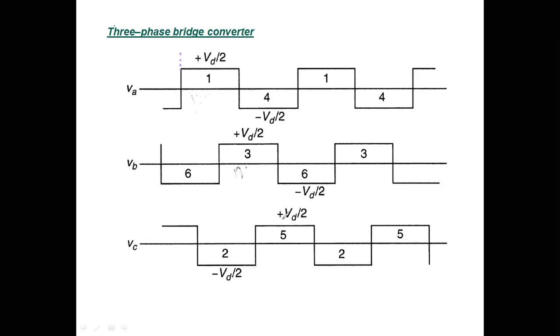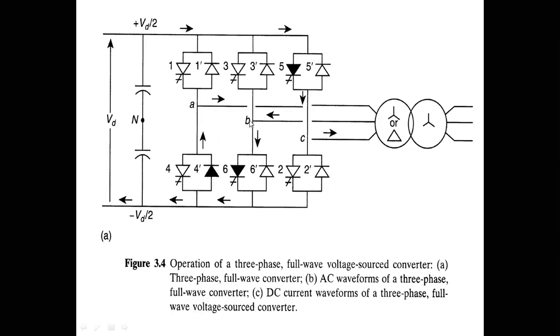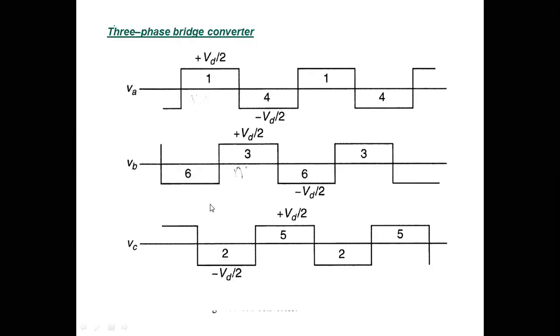This way we have to draw all 3 phase voltages, that is VA, VB, VC, with respect to capital N. These are the phase voltages VA, VB, VC with respect to the DC midpoint.